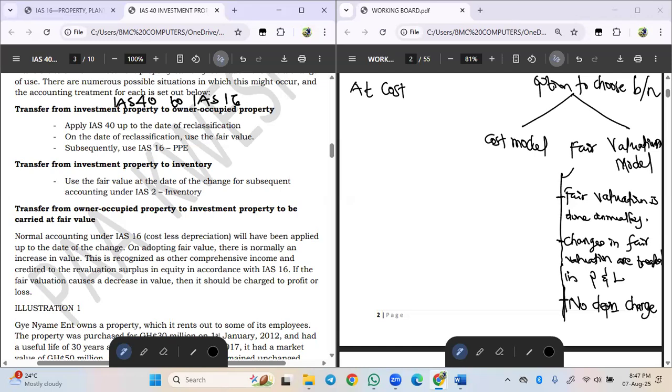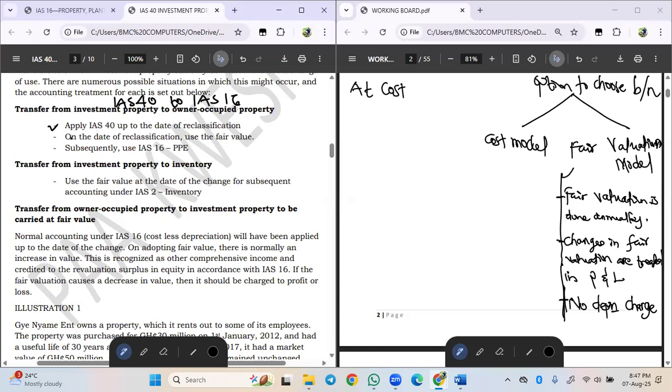And we've transferred it to owner-occupied property. Now that property, we are not renting it again; we are using it for our own production purposes and our own administrative purposes. So that is transferred from investment property to owner-occupied property. How do we treat it?